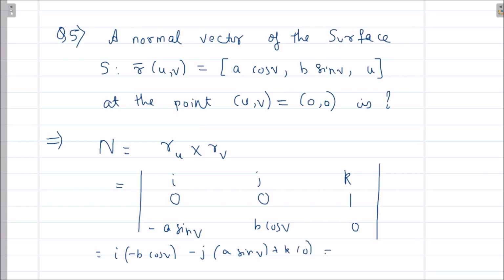Correct? And at (0, 0), cos 0 is 1, sin 0 is 0. So minus b comma 0 comma 0, or minus b i plus 0 j plus 0 k. So this is the normal vector to the given surface at the given point (0, 0). Okay, cool. So this might come for 2 marks.